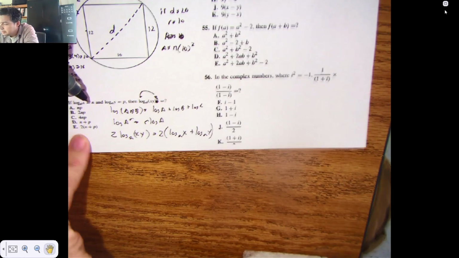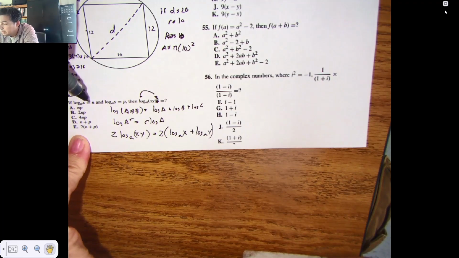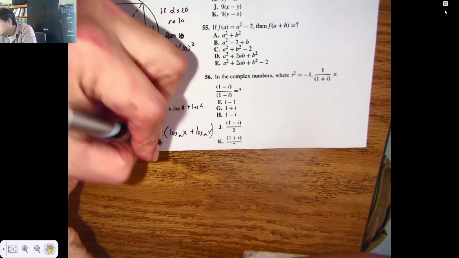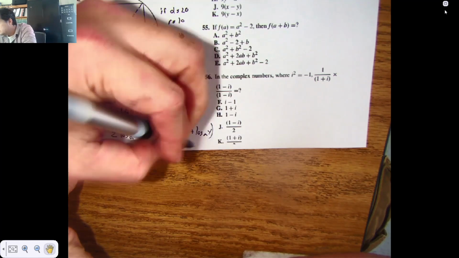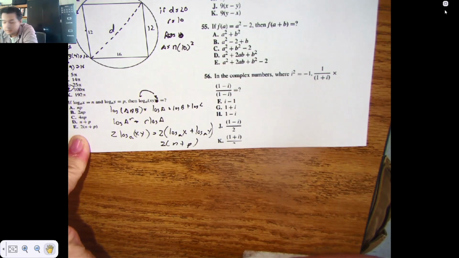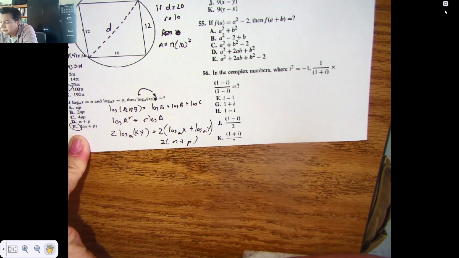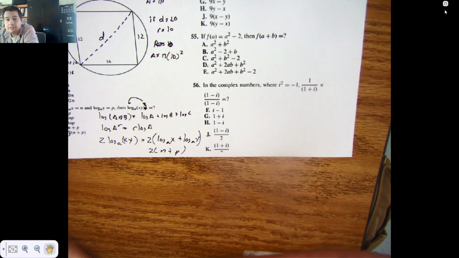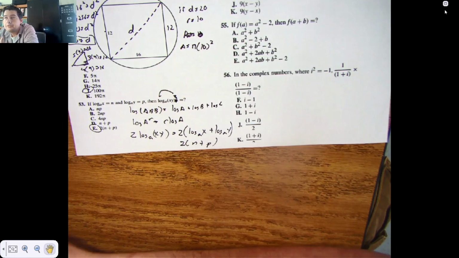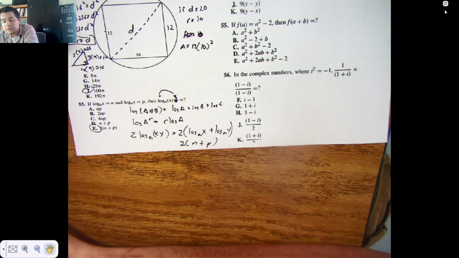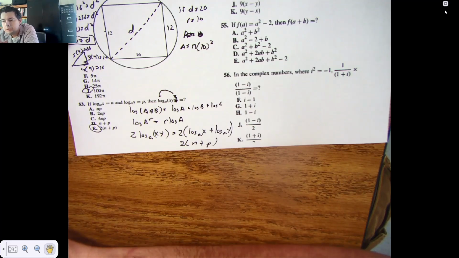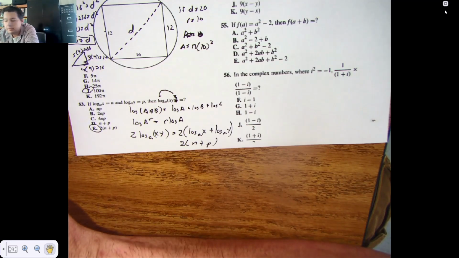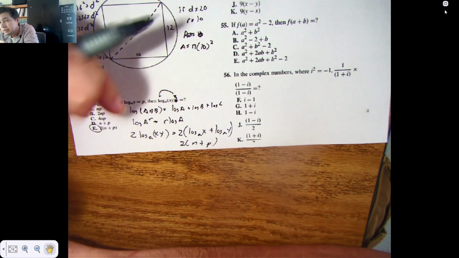I know that log base a of x is n, and log base a of y is p. So 2 times n plus p, choice E. That's how the ACT does logarithms. I'll teach a lot of stuff in logarithms where we use a calculator, but the ACT does logarithms to nullify the use of a calculator. It focuses emphasis on the rules of logarithms.